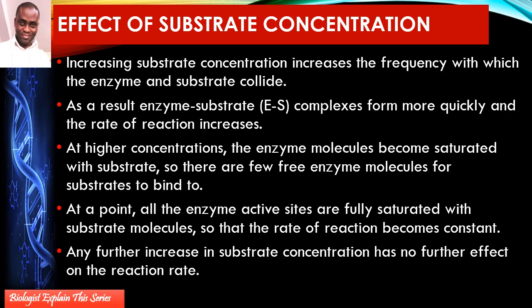If we are focusing on substrate concentration, we have to ensure that enzyme concentration, temperature, and pH are constant, or as optimum as possible, so as not to interfere with what we are trying to find out. Our focus is just on substrate alone.